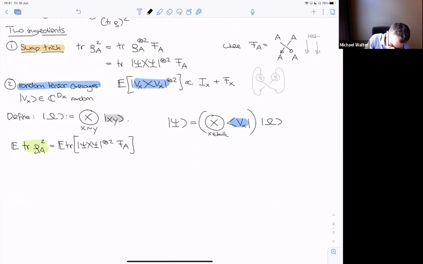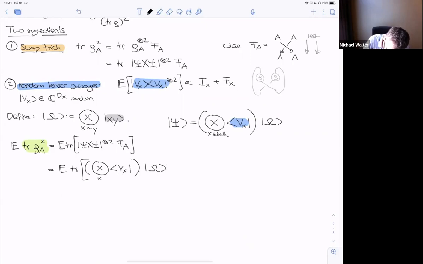So now I'm just going to plug in the formulas. So I have 2 copies of this state here. Maybe I'll just write this expectation value trace, tensor product V_x.